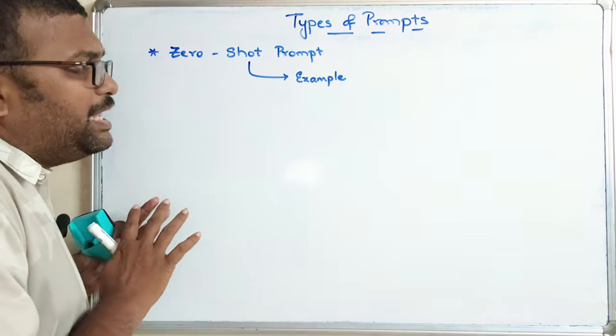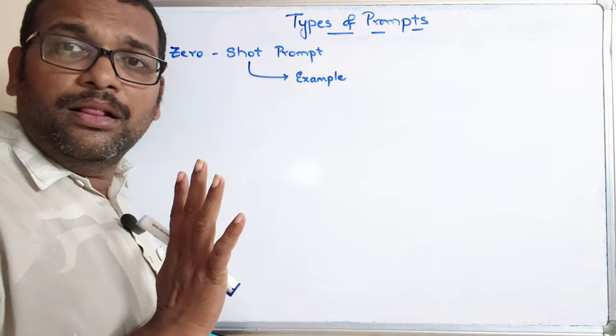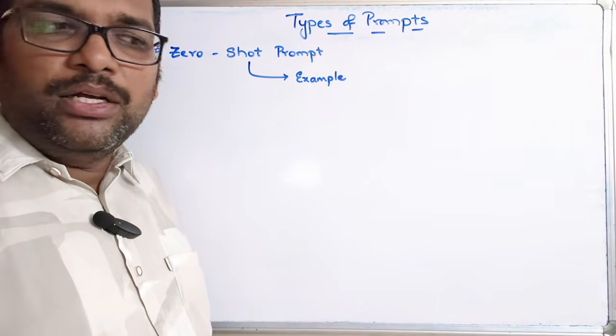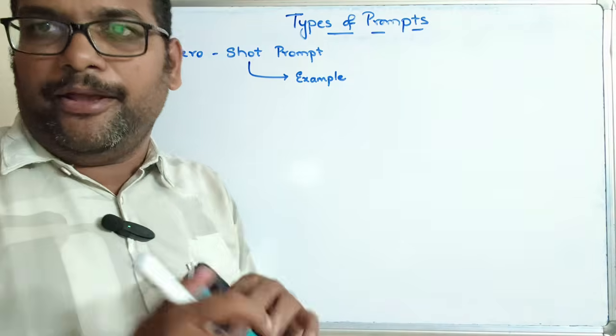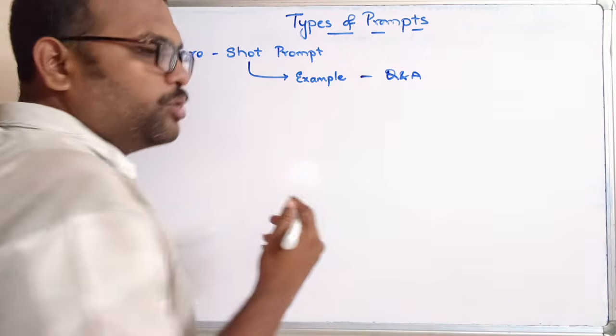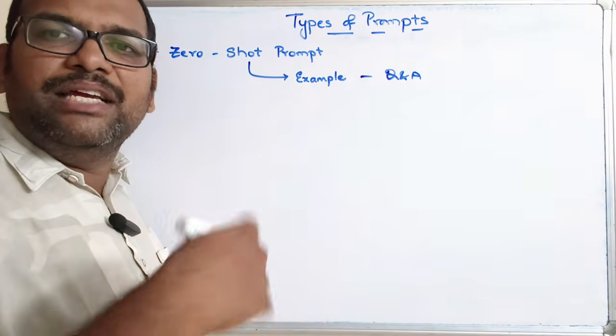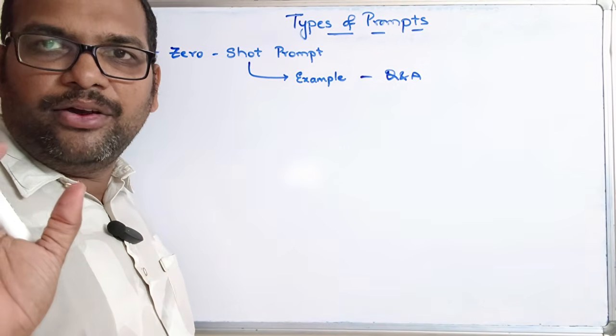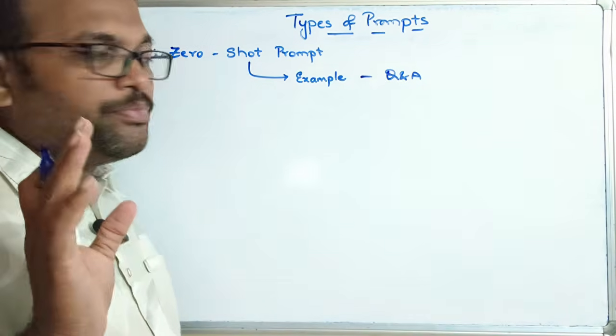If you are not giving any kind of example, that is called a zero shot prompt. It is just like Q&A. You are asking some question, and it gives some answer from the pre-trained data. That's it. There are no examples we are giving.